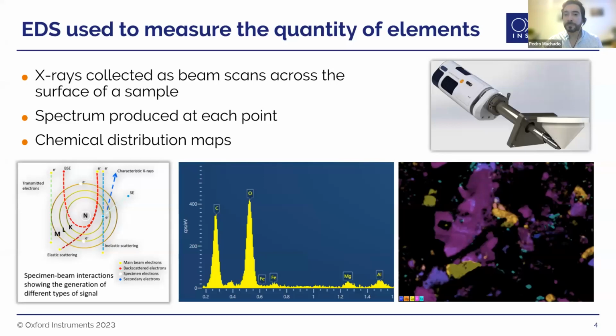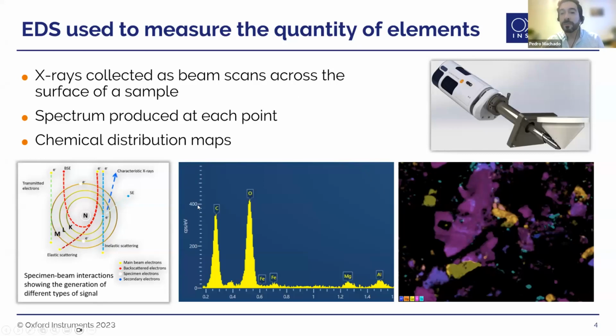In EDS, your detector is collecting the characteristic X-rays that are formed when your electron beam interacts with your sample. The energy of the X-ray is going to be measured, and it's going to relate to the element of origin. When you do that, you can generate your spectrum.